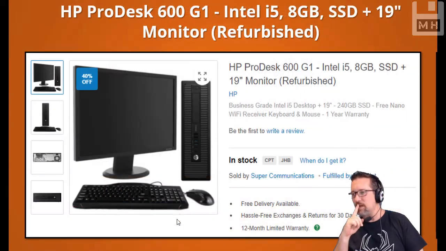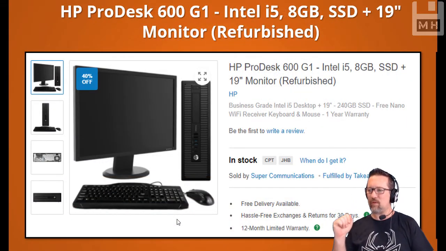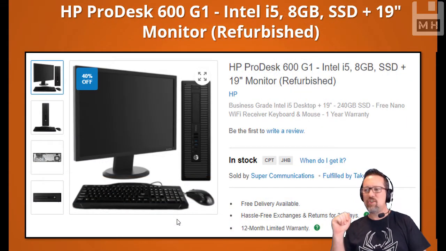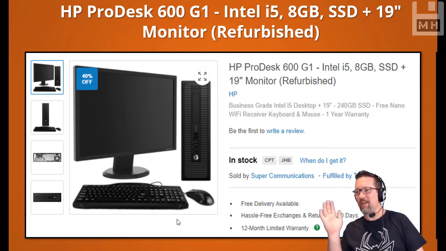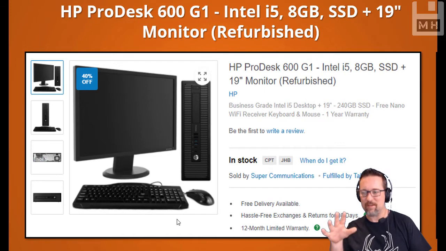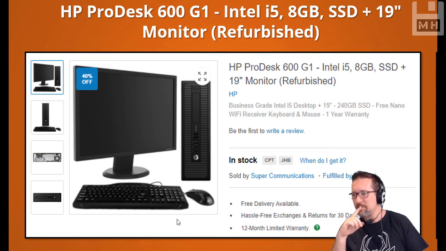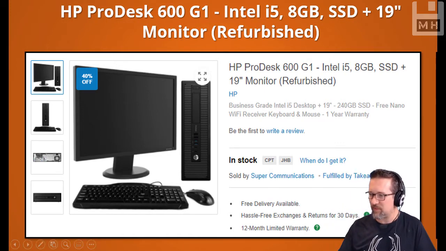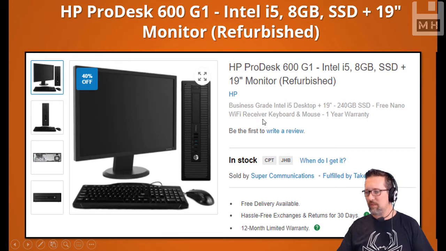So let's look at the next one. Here we have the HP ProDesk 600 G1 Intel i5, and all of that stuff is information about the machine, but we'll look at that a bit later. So let's have a look at what we've got. We've got the Intel i5, 8 gigs, that would be the RAM. An SSD, that's the storage, plus a 19-inch monitor, which is pretty cool.